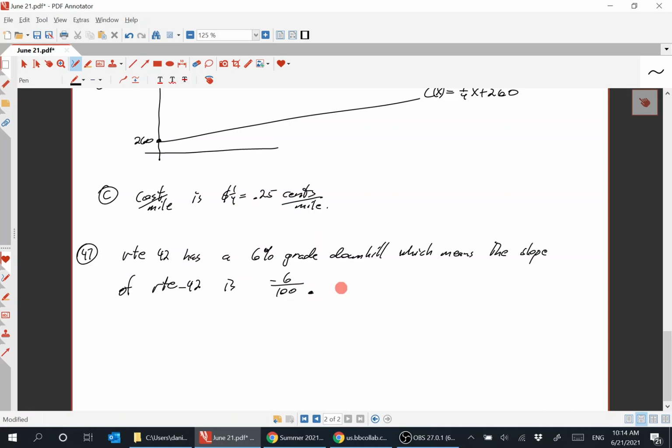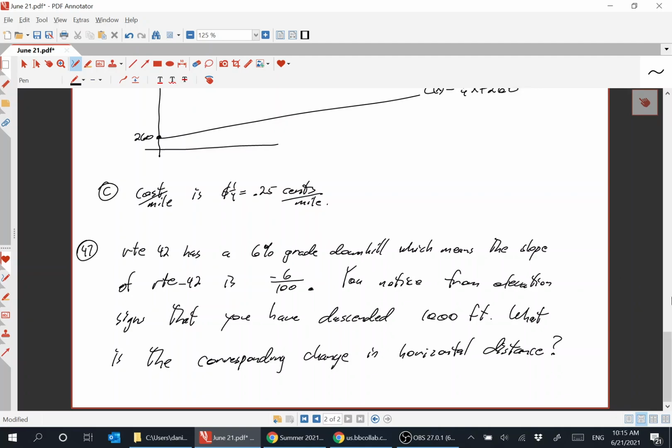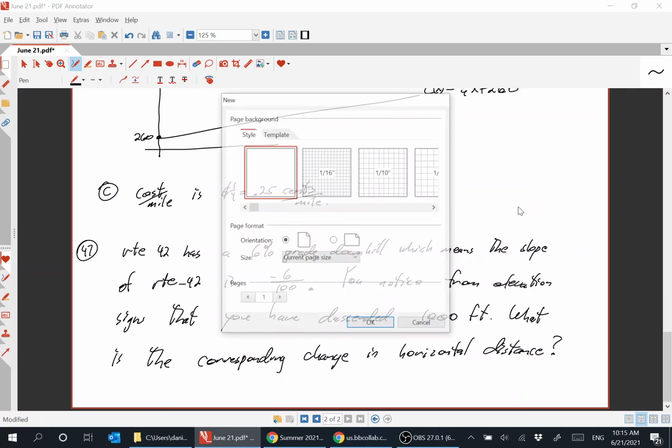What is the corresponding change in horizontal distance? In other words, how many miles did you have to drive to go downhill 1,000 feet?